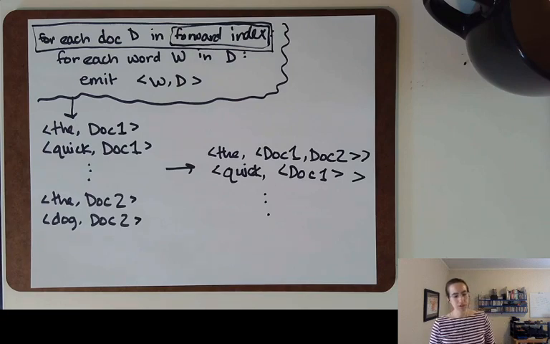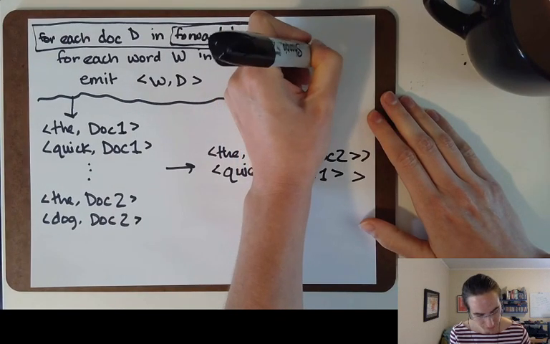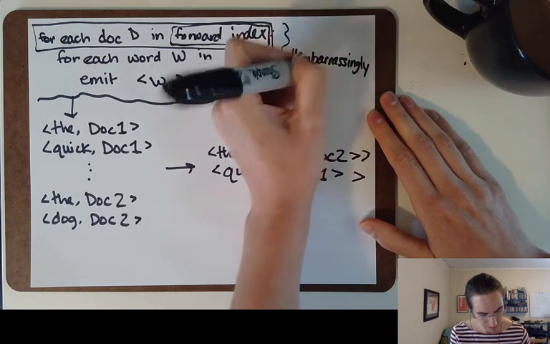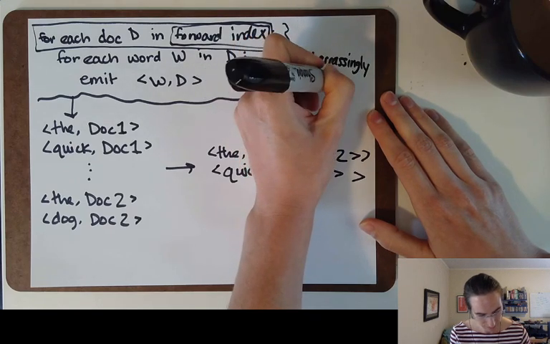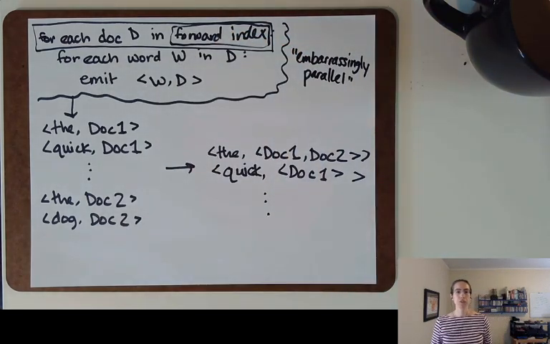We call computations like this embarrassingly parallel. That is to say, it is so easy to split up the computation into independent parallel tasks that it would be embarrassing not to. So there are a lot of things, of course, that are truly very hard to parallelize. But this ain't one of them.